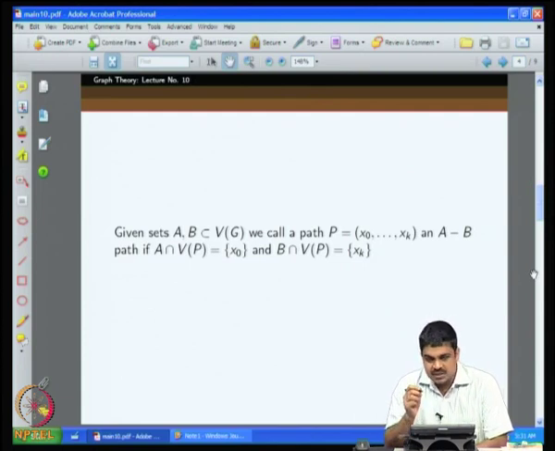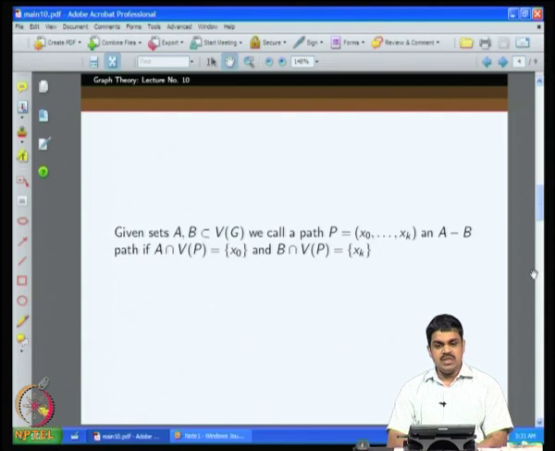That means the path starts off from A and never comes back to A. Similarly, the last vertex of the path belongs to B, and the only vertex of the path that belongs to B is the last vertex, namely xk. Once it reaches B, it does not move further. This is the AB path.